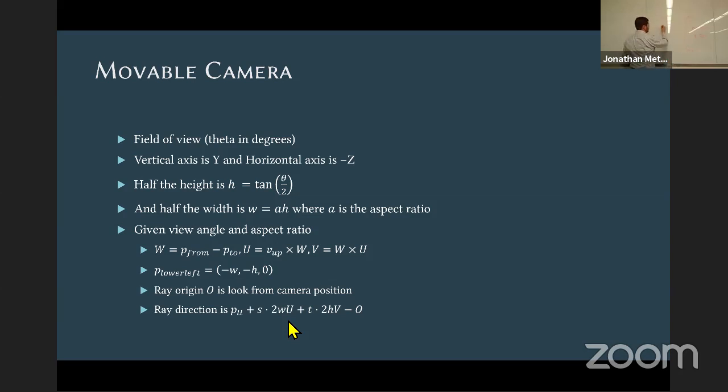So if our camera then is facing down, then we have V, we have U, we have W. What's going to happen then is that, because T times 2H times V, in other words, our T value is going to be going along the direction for V. So instead of getting this image plane, we're going to get an image plane that's right in front. Right. And the V would become 0, like 0.5, 0.5. Right. And then multiply that by.